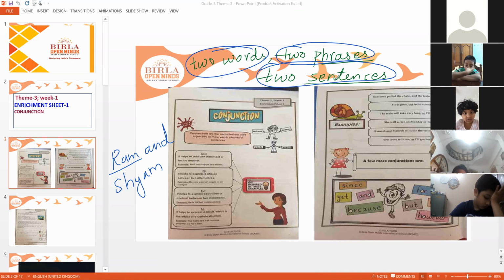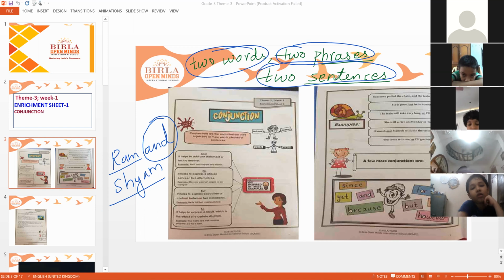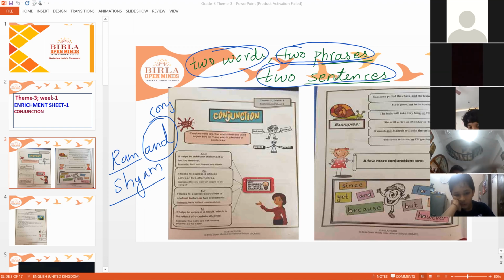Ram and Shyam are friends. But to join these two nouns, we have used "and". "And" is a conjunction. Ram and Shyam are friends. Okay. Now let us see the second one.